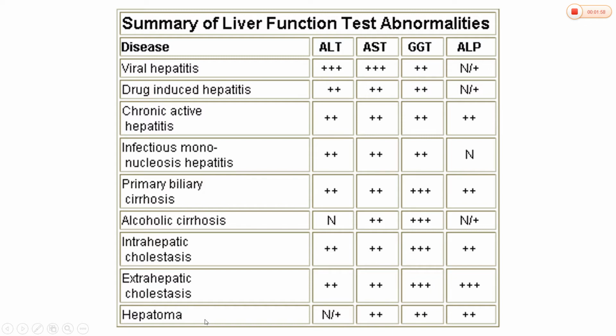So in these clinical conditions, you can see that these transaminases, the ALT and AST, the SGOT and SGPT levels are pretty high in case of hepatitis, and such increased levels show that there is something abnormal about the liver.